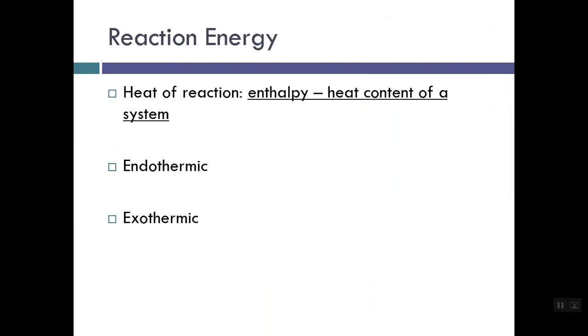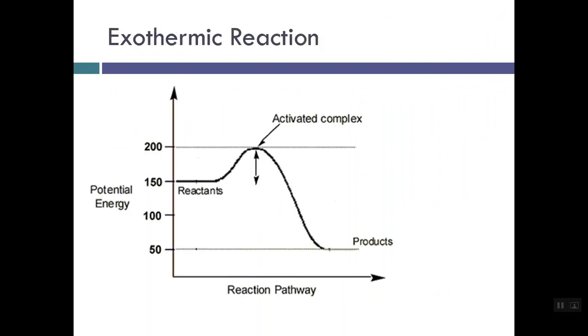All right, you have two kinds of reaction energies. You have endothermic and exothermic. Exothermic means you start out with the energy of your reactants. It's 150 joules here. I'm going to add some energy, some heat, to make this reaction happen. I reach this peak here, this activation complex.